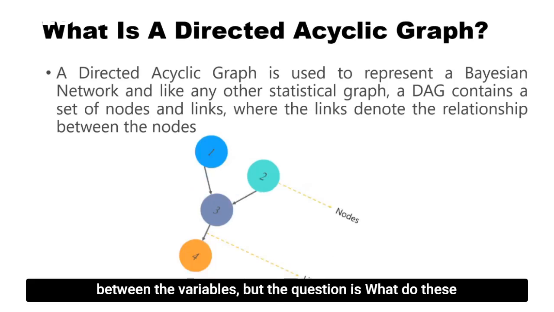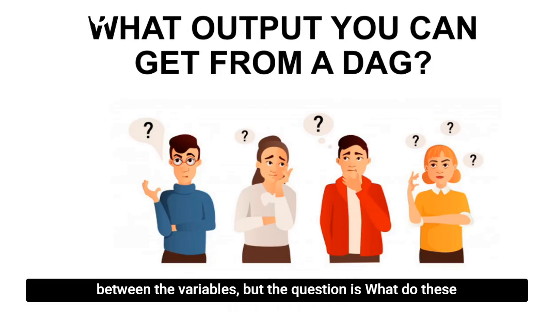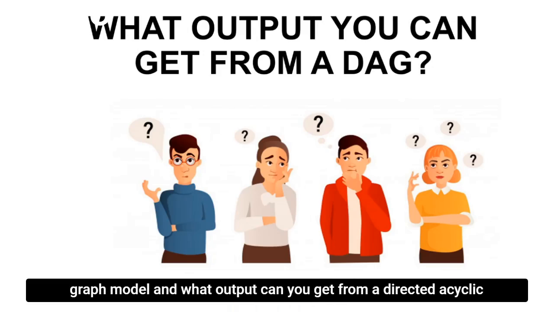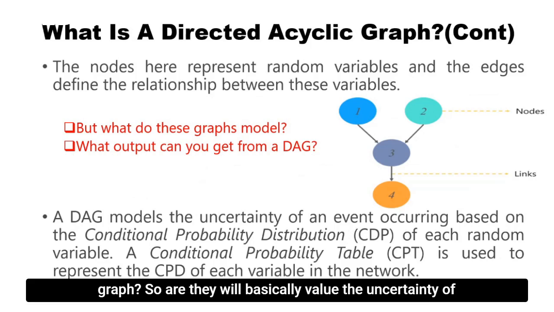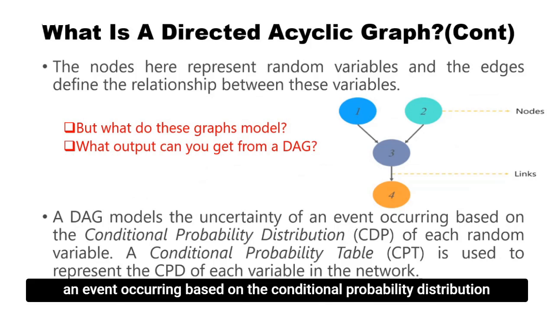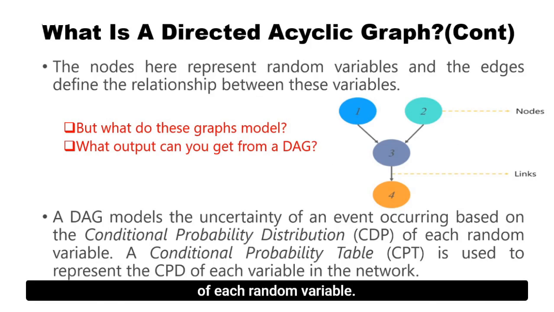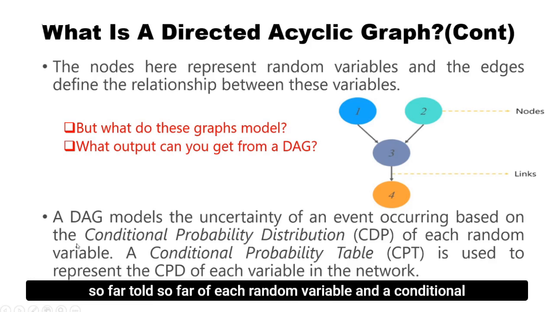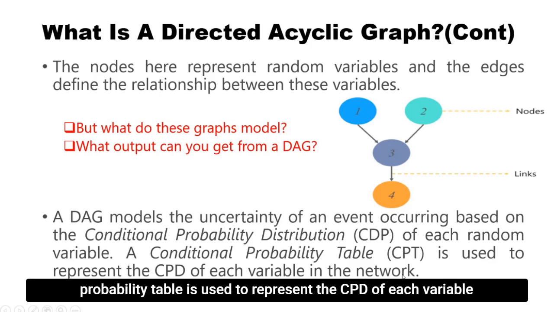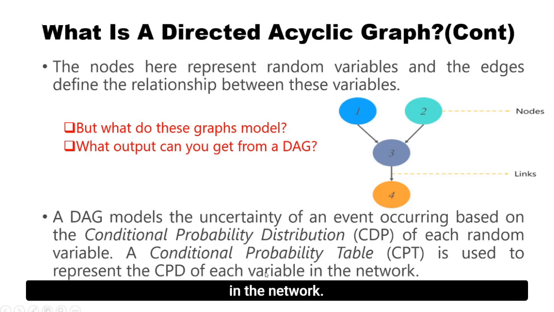But the question is, what do these graph models and what output can you get from a directed acyclic graph? A DAG will basically model the uncertainty of an event occurring based on the conditional probability distribution of each random variable, and a conditional probability table is used to represent the CPD of each variable in the network.